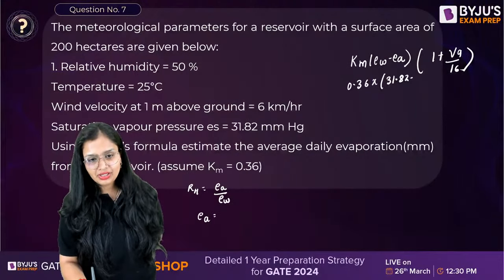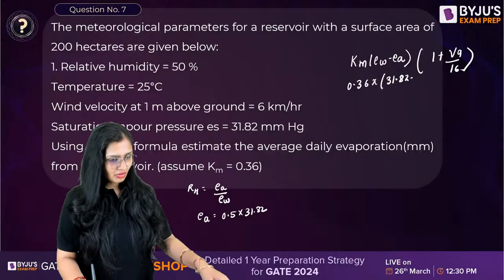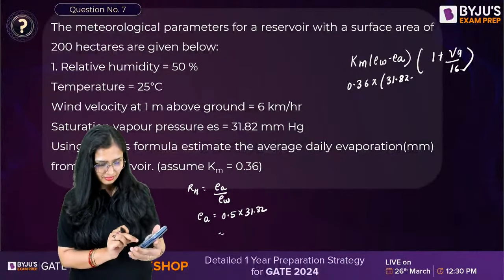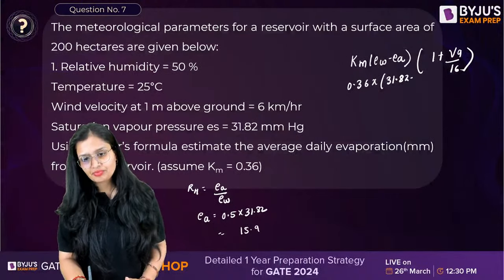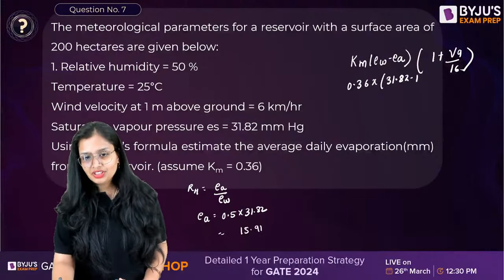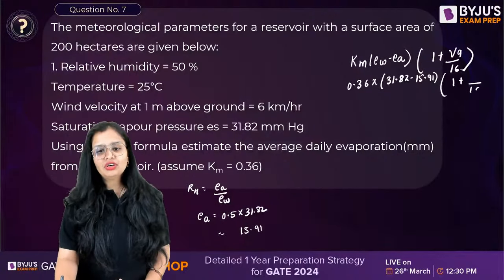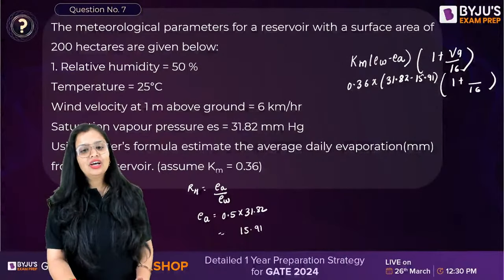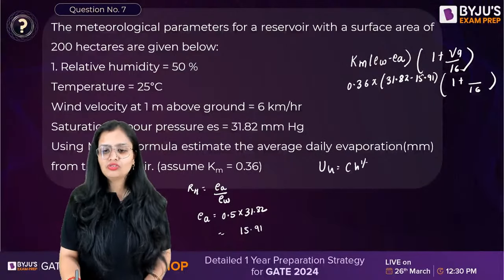EA will come out to be, how much is it coming? 15.91 mm of Hg. 1 plus wind velocity at 9 meters above ground level. Wind velocity at 1 meter above ground is given to you. You can go through this 1 by 7th power law formula.